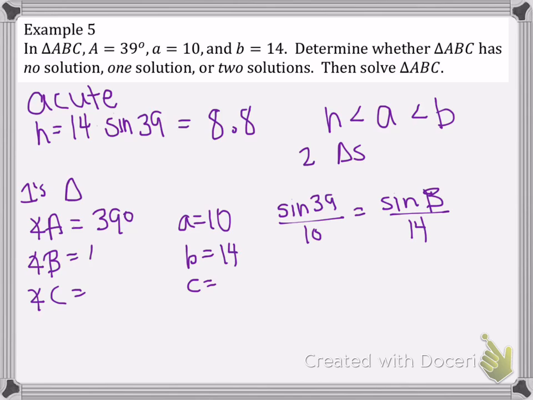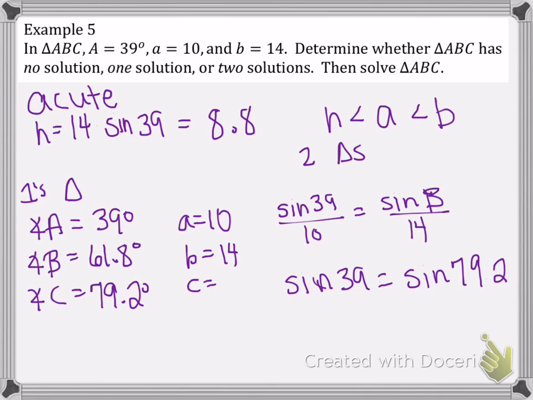When I do that, I get B is 61.8 degrees. So that means C equals 79.2 degrees. And then I do the sine of 39 over 10 equals the sine of 79.2 over C. When I work that out, I get that C is 15.6.